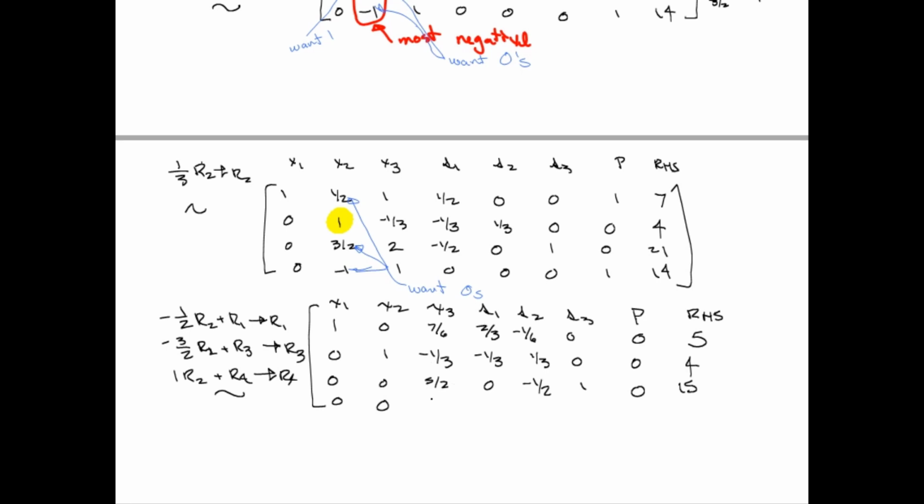Last row, 0, 0, 2/3, 2/3, 1/3, 0, 1 and 18. Okay, now we look at our tableau. Are there any negatives on the bottom row?